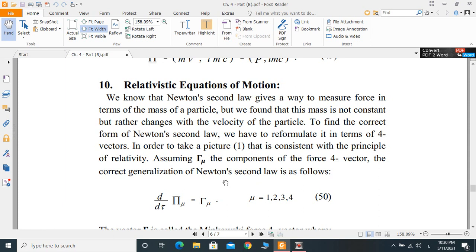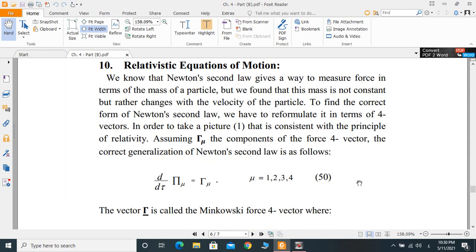This is the general form of Newton's second law in relativistic mechanics.